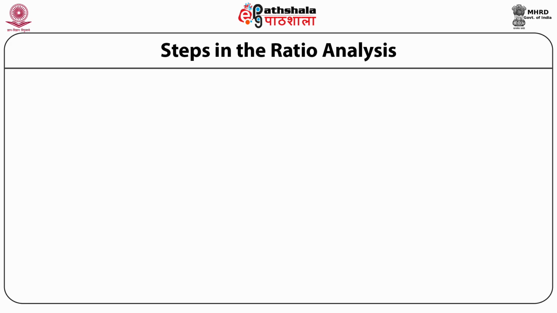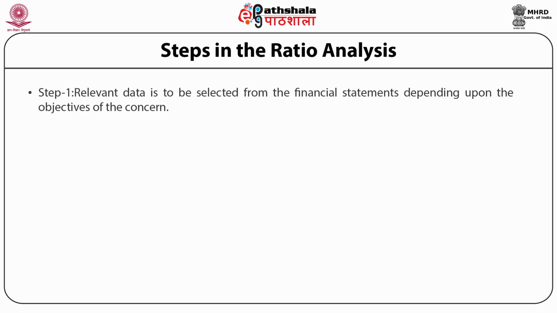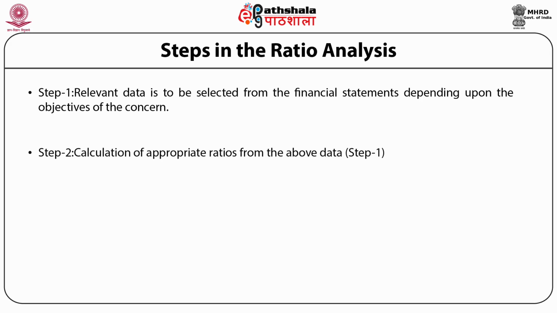Steps in the ratio analysis. First step. Relevant data is to be selected from the financial statements depending upon the objectives of the concern. Second step. Calculation of appropriate ratios from the data given in the first step.